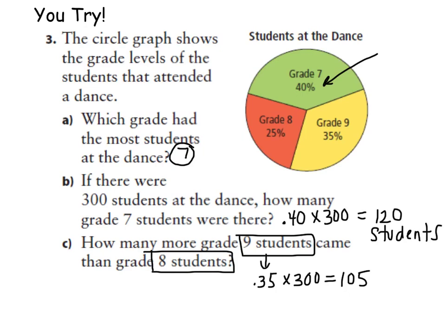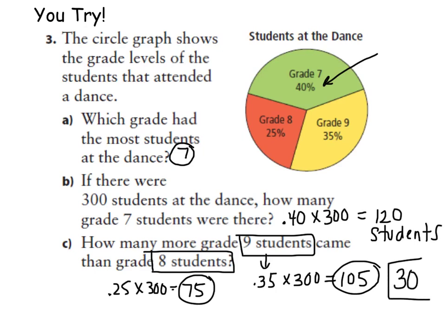Then for grade 8 students, we know that 25% of the total number of students went to the dance. That would be 75 students. So now how many more grade 9 students went to the dance than grade 8 students? That would be 30 total.